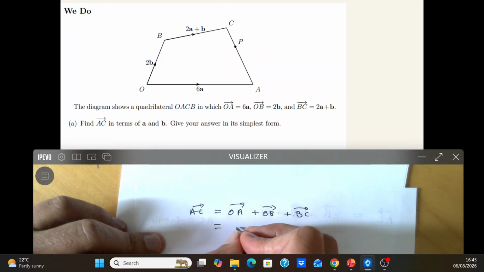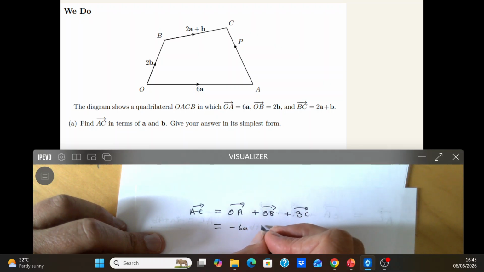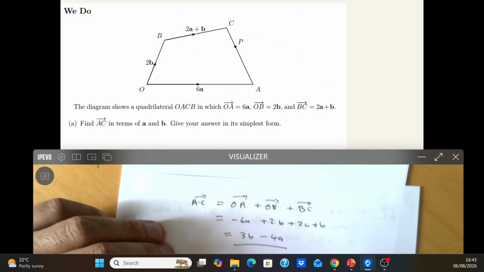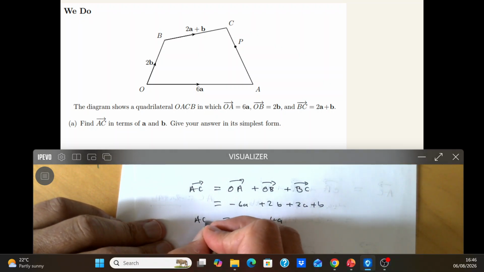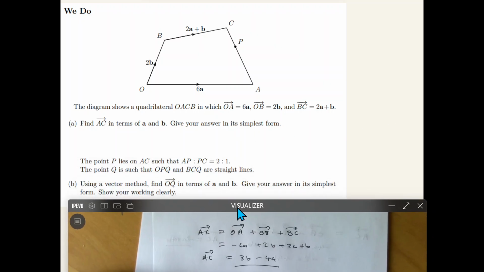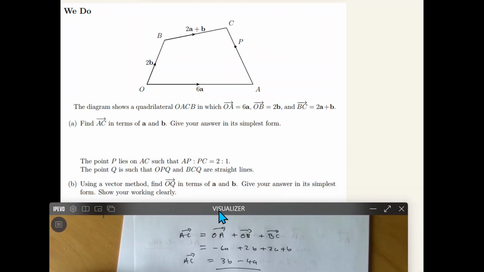Remember, if you wanted to pause it before having a look at me, I suggest doing that. Right. That's that first bit. Now, part B, find OQ in terms of A and B. Give your answer in simplest form.